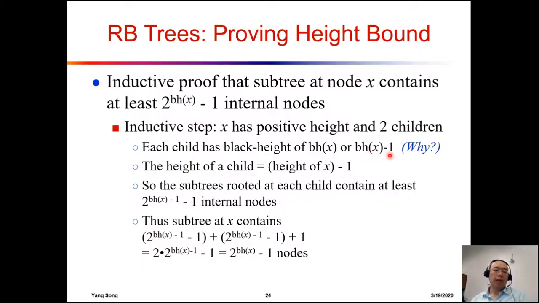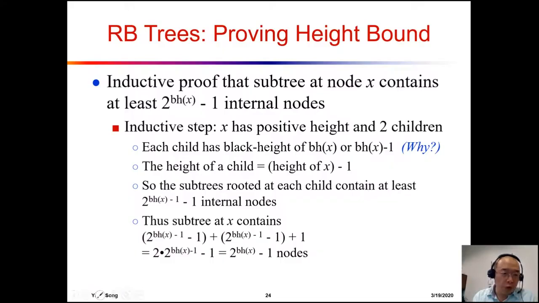And the height of a child is guaranteed to be the height of the parent x minus 1. So for a subtree rooted on each child, that subtree contains at least 2 to the black height of x minus 1, minus 1 again, internal nodes.